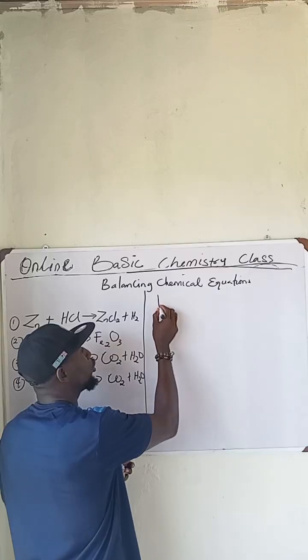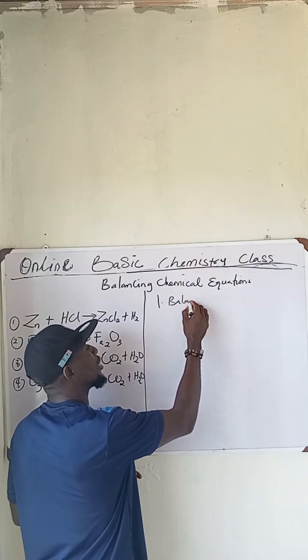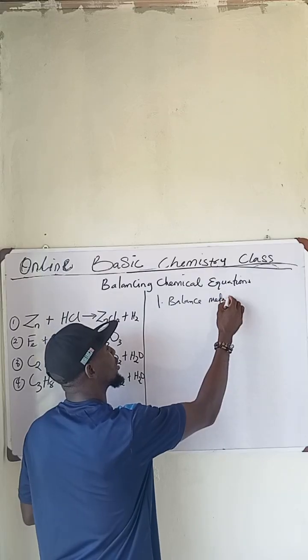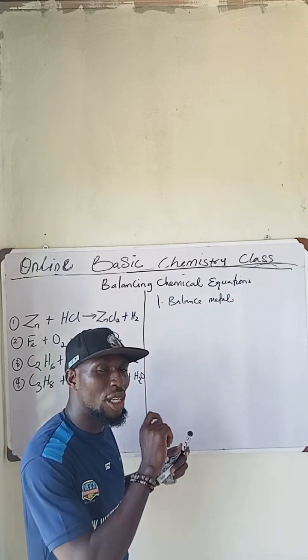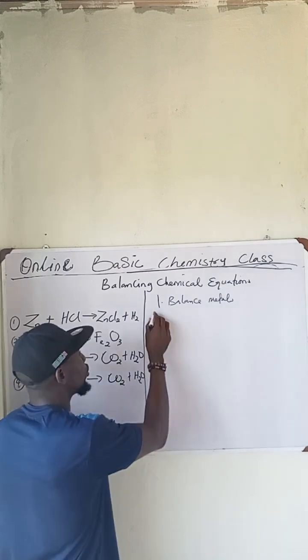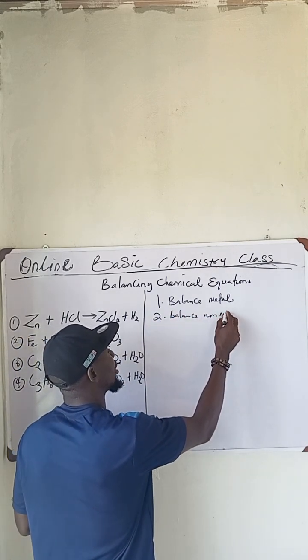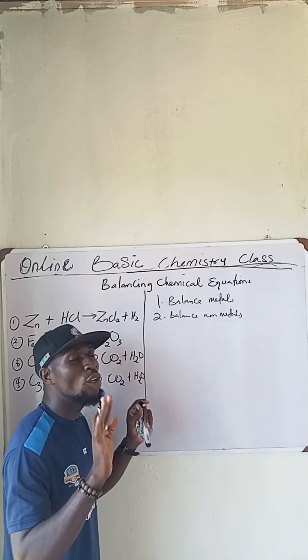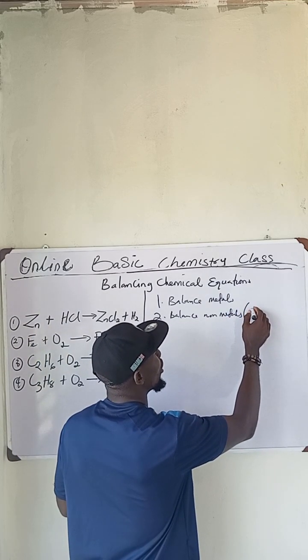Please note, use the following tips. 1. Balance metals first. If you see any metal, ensure the metals are balanced first. 2. Balance non-metals. Now, these non-metals are with the exception of what?